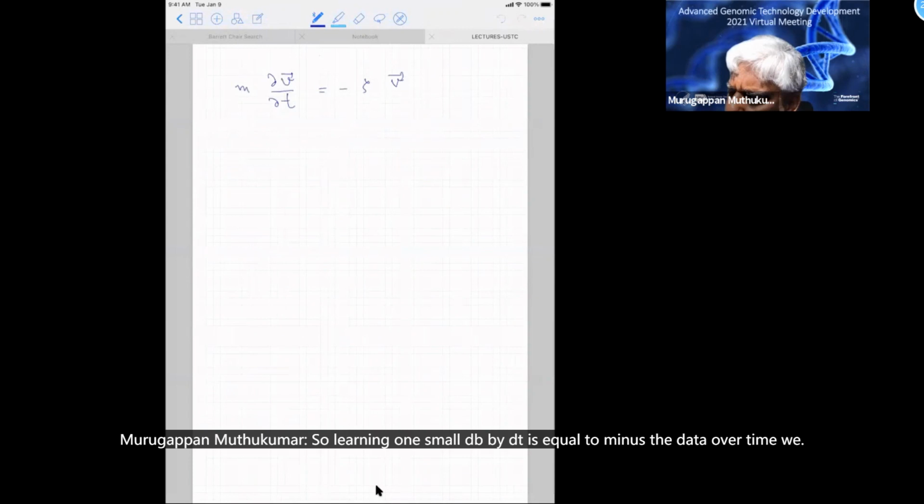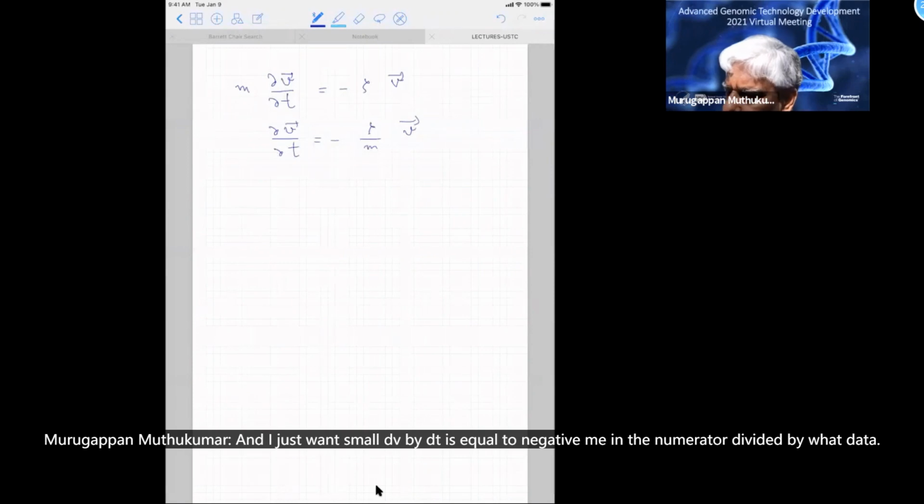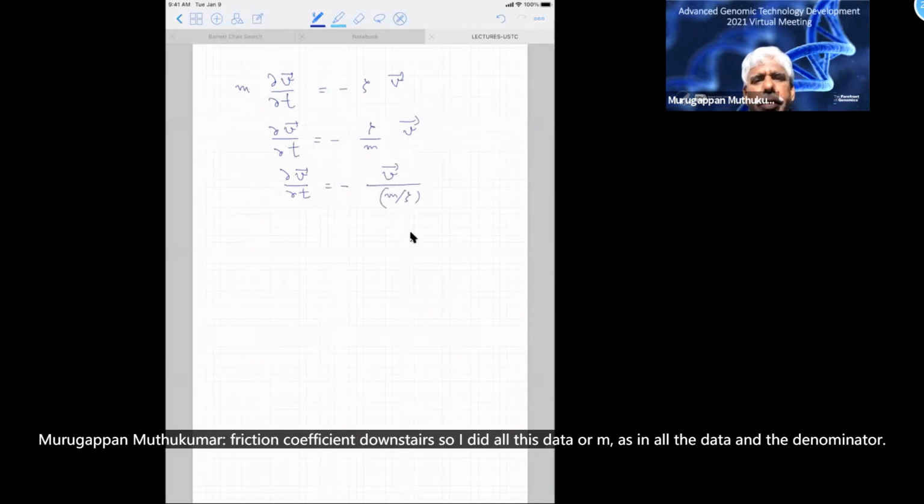So let me rewrite it once more. dV by dt is equal to minus zeta over m times v. I divided by m throughout. And I write this once more: dV by dt is equal to negative v in the numerator divided by m over zeta. So I brought the zeta friction coefficient downstairs, rewriting zeta over m as m over zeta in the denominator.